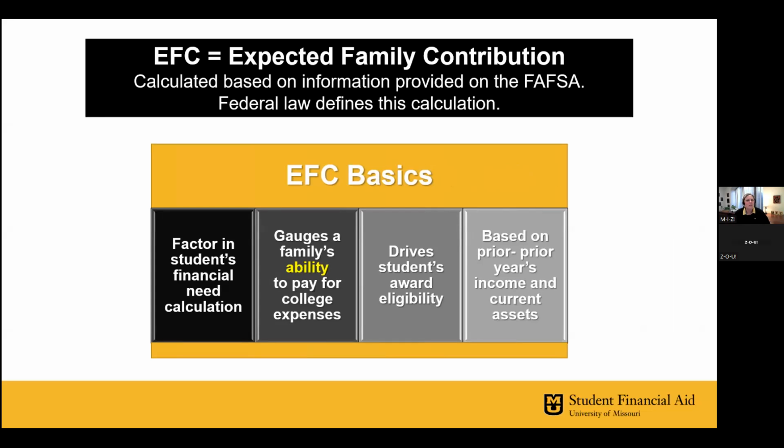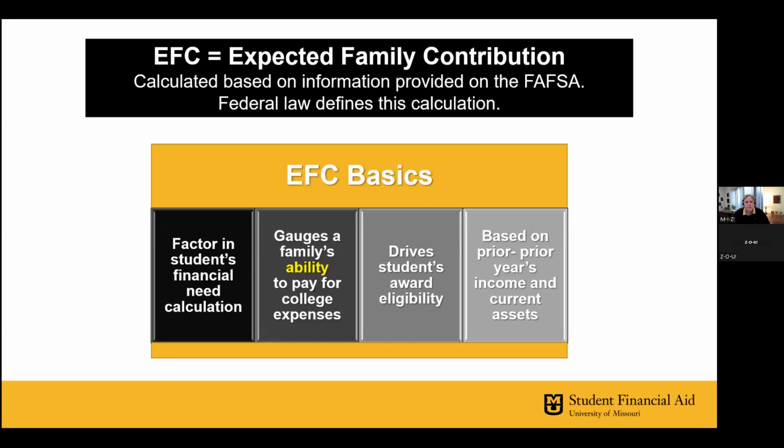But the basics of the EFC, we're going to factor in. This is one of the main factors between cost of attendance and the EFC. We're going to use these two numbers to factor your actual financial need to attend Mizzou. It gauges your family's ability to pay, not necessarily your willingness to pay.